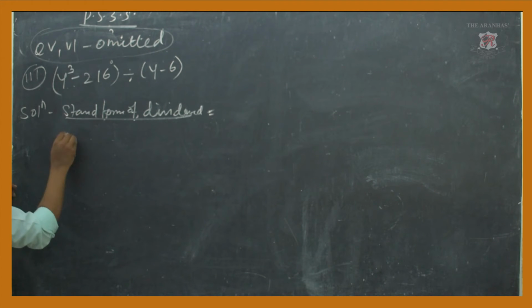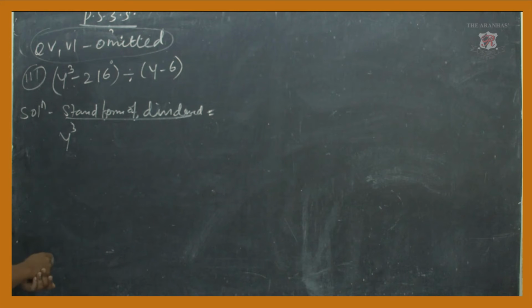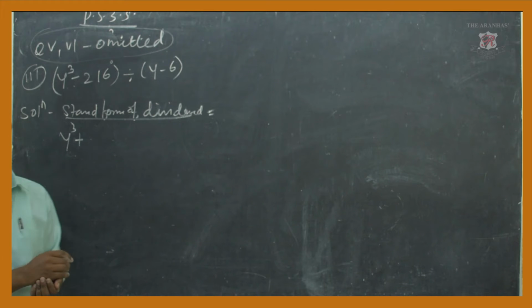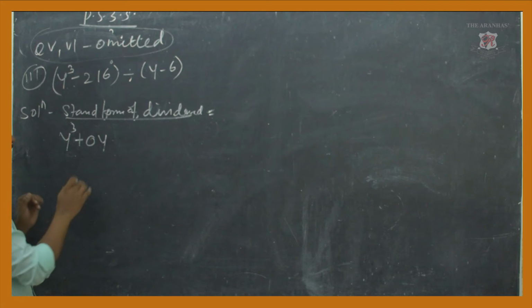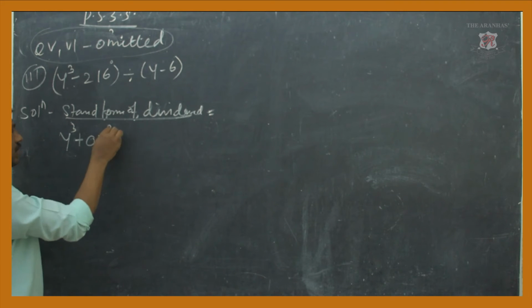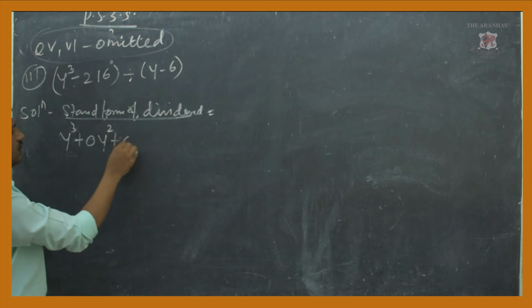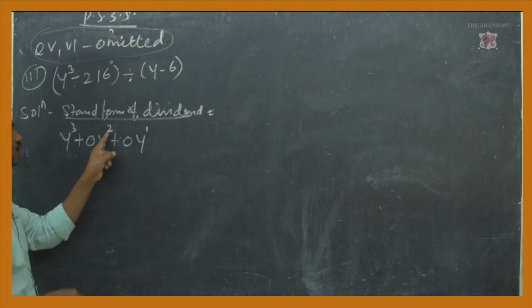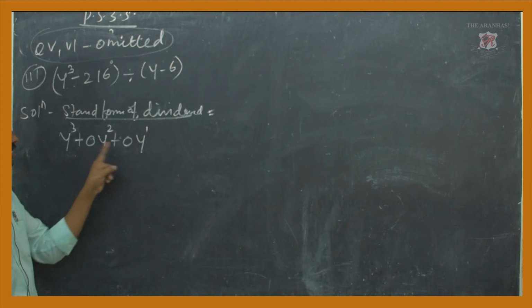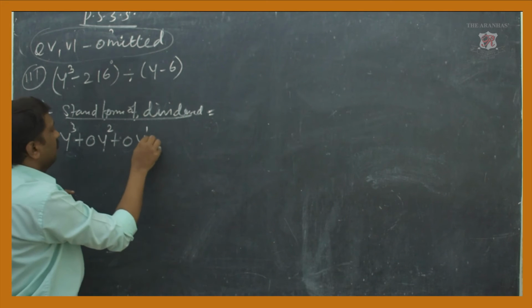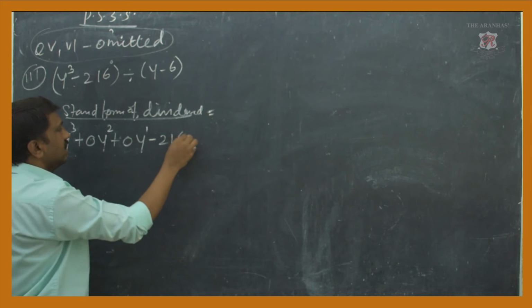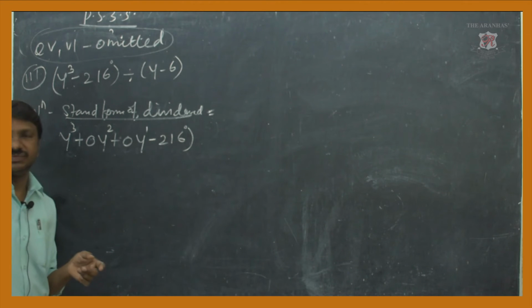So we get y cube, then the square term is not there, so we have to put a plus sign compulsorily, not a minus. Then put 0 with the variable of the required degree 2, so 0 y square, plus 0 y. These two are not given, we adjusted them. And the last is minus 216, whose index power is 0.